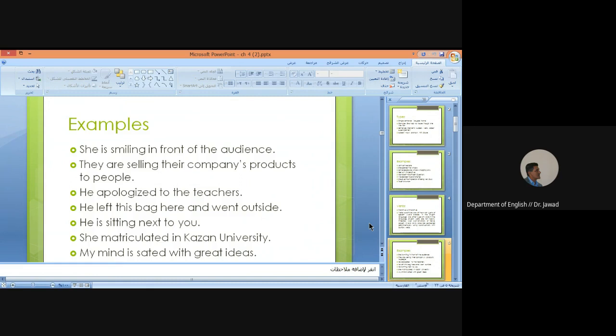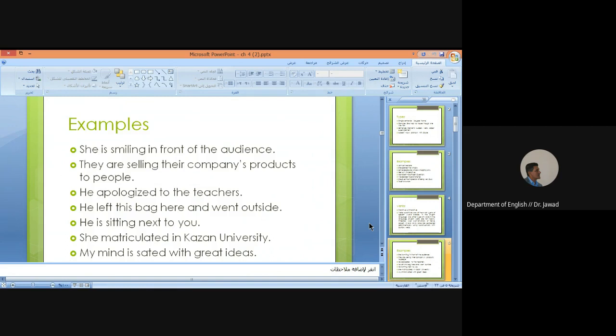He is sitting next to you. He's sitting next to you. Sitting, again, periphrastically constructed. She matriculated in Kazan University.